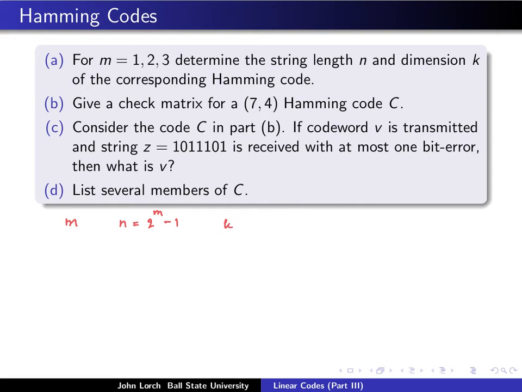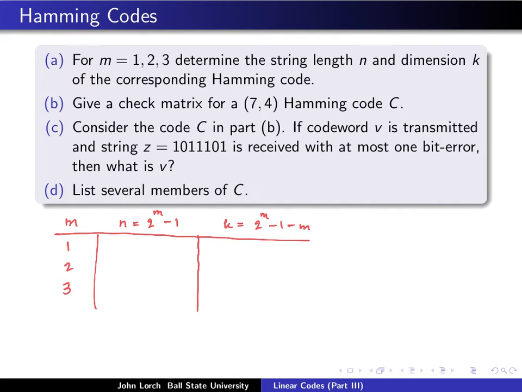And k, the dimension of the Hamming code, is 2 to the m minus 1 minus m. So those quantities can head our table. And so our values of m that we're to consider are 1, 2, and 3. And now we just need to compute n and k, right?